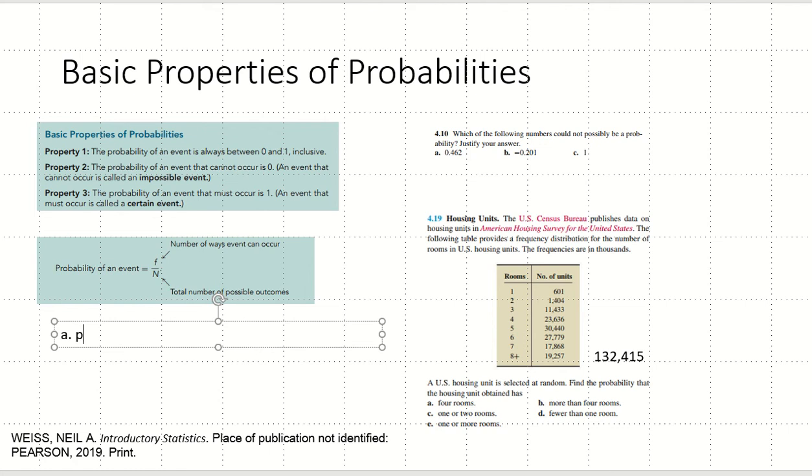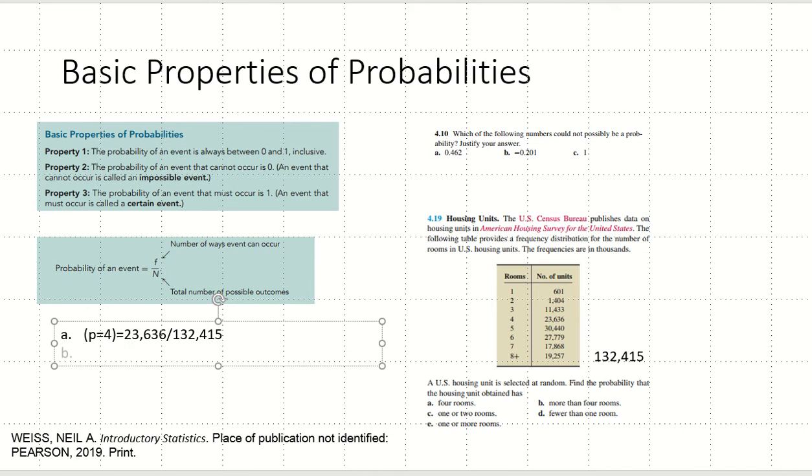It's asking for the probability that it has 4 rooms. And so that would be 23,636 over 132,415. Okay, that will give you a number, and that will be the probability for that.